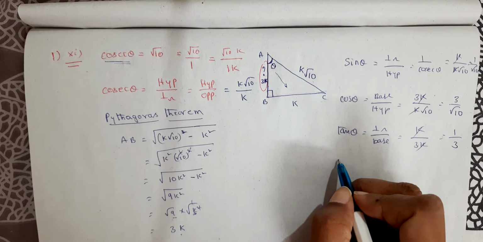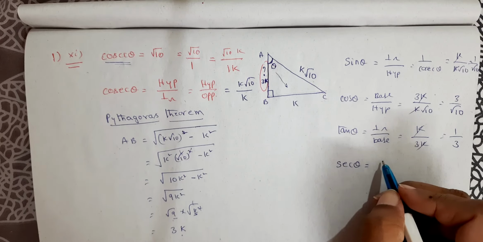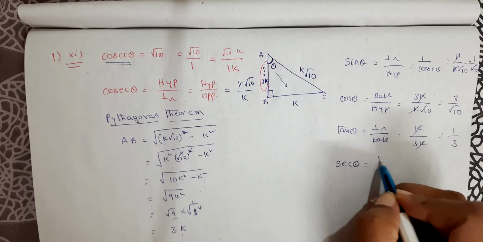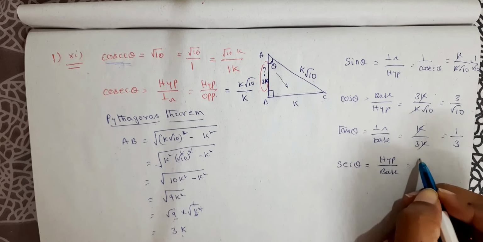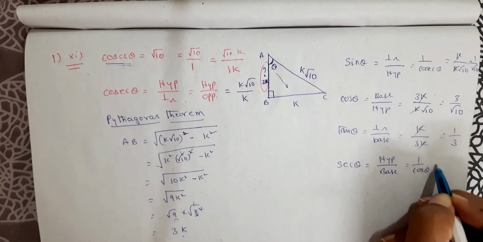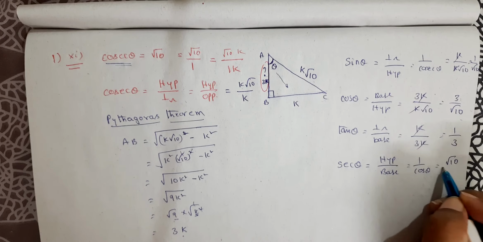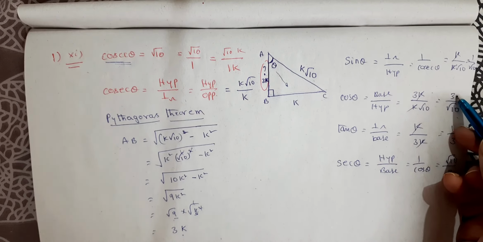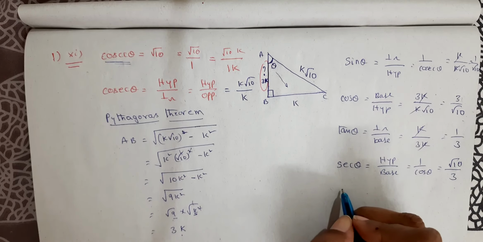Then cosecant theta is already given, so we are going to find secant theta. Secant theta is hypotenuse by base, or 1 by cos theta. Cos theta is already determined, so I am taking the reciprocal of that. Here it is 3 by root 10, so root 10 by 3.